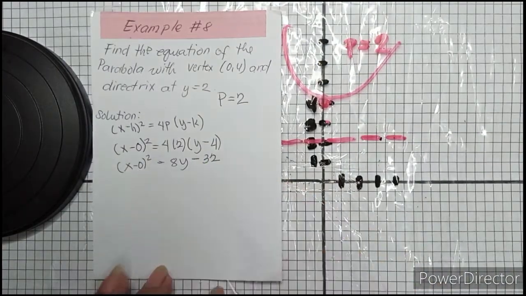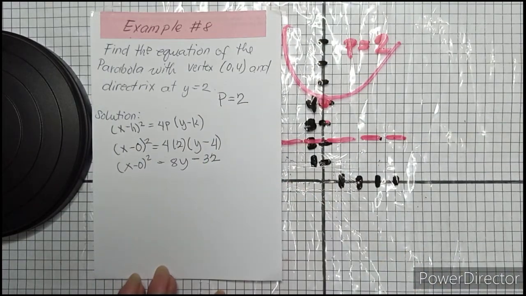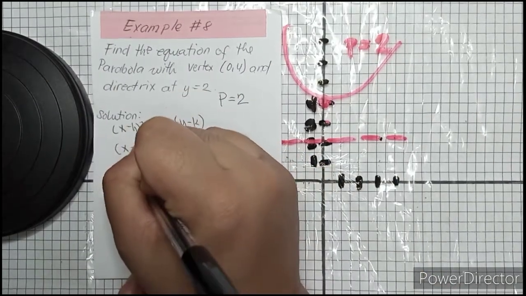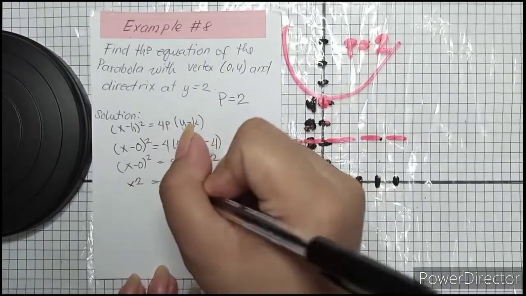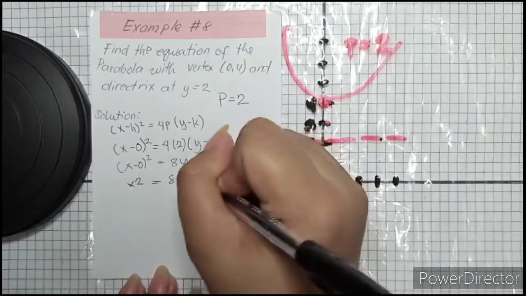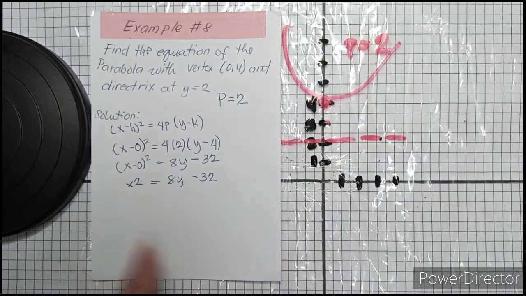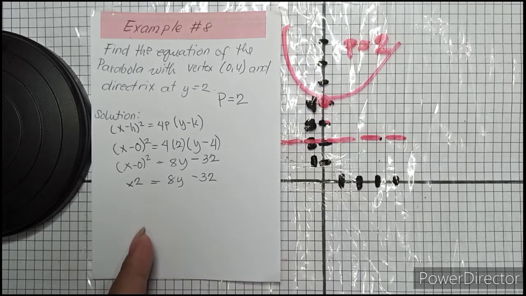Now, simplify na rin natin yung nasa left side ng ating equal. So, x squared is equal to 8y minus 32. Ito na yung ating equation. Nasundan? Okay, so ito na yung ating equation.